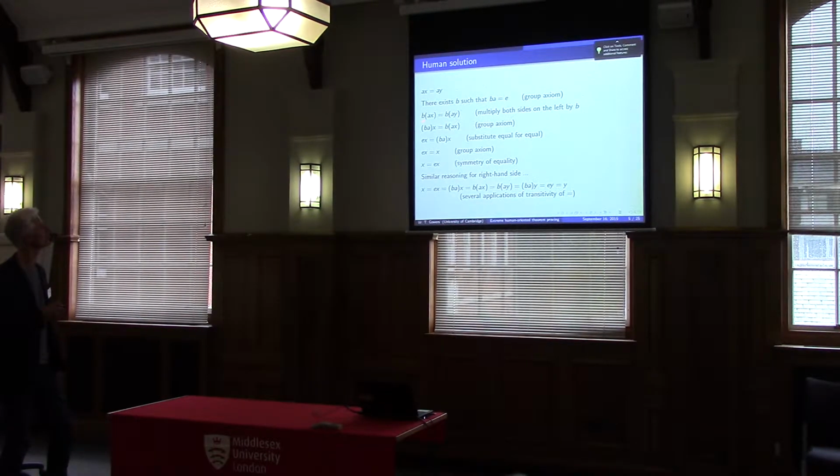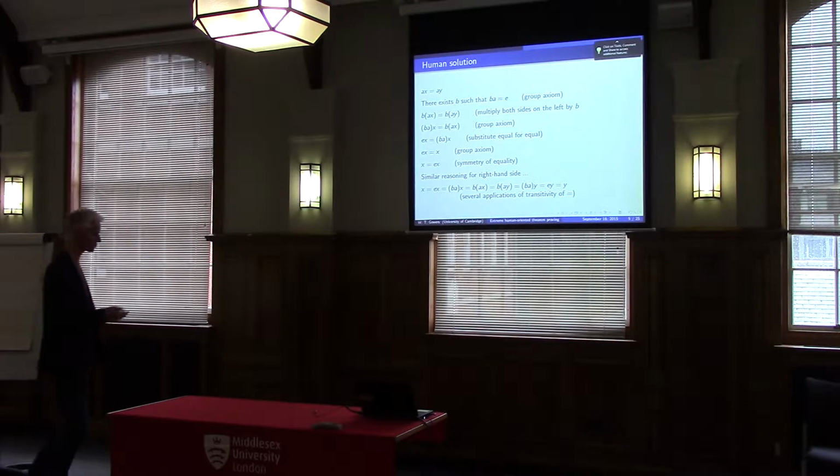So I'll use associativity on the left-hand side, and then also use the fact that ba is the identity, which is the definition of b, to get that bax equals ex, and then e is the identity, so ex equals x, and therefore x equals ex by symmetry of equality. You do the same reasoning on the right-hand side, and then you've got enough equalities that by using transitivity of equality lots of times you can end up proving that x equals y.